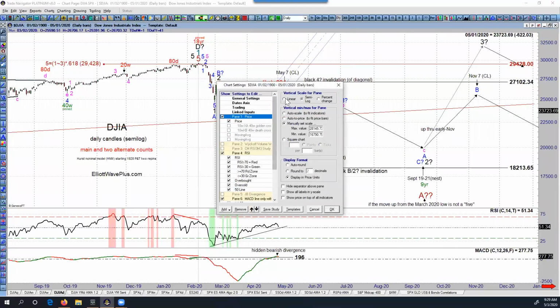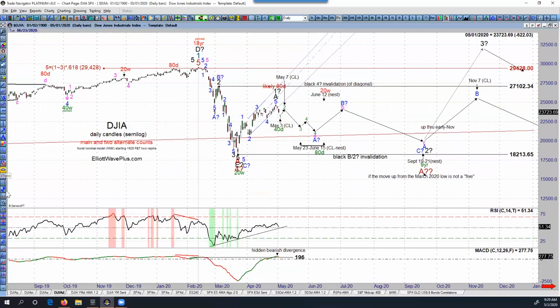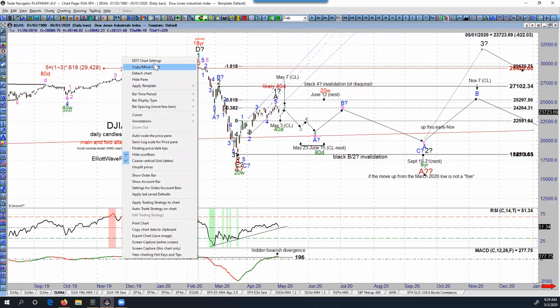So I'm going to take it back out of Similog, and I'm going to look for expansion. So many times, if this is wave A, then you would look for a B and a C, and you look for the C wave to end at one of these Fibonacci targets here on a Similog chart.